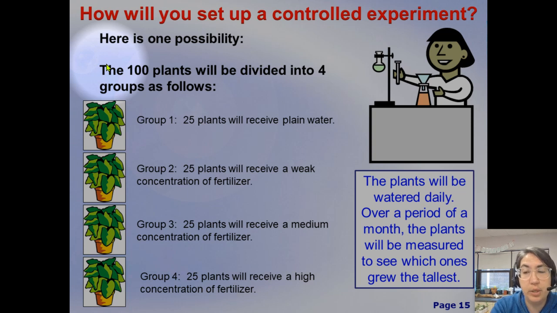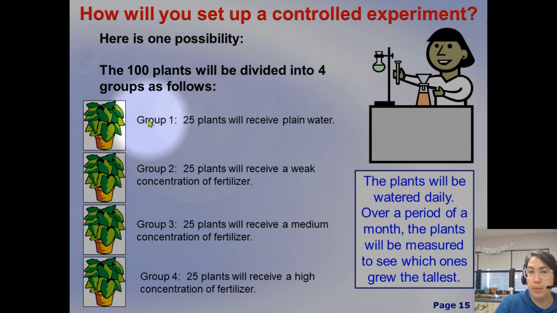So, how do I set up a controlled experiment to test my prediction? This is a possibility for the research question in our example. If I have 100 plants, then I can divide them into 4 groups.